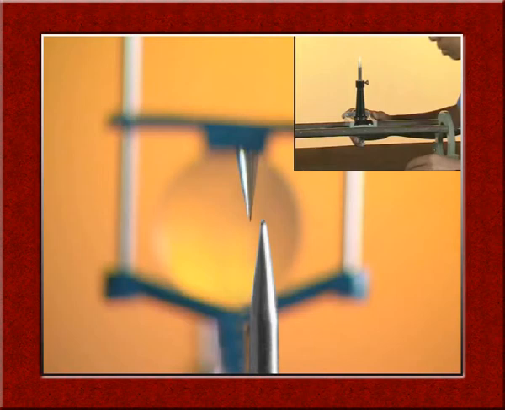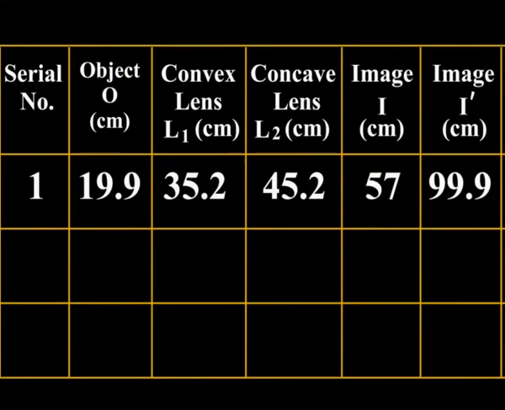Then note down the position of the index marks on the base of upright of image needle I in the observation table. Repeat the same activity for other positions of object needle and note down the corresponding values in the observation table.